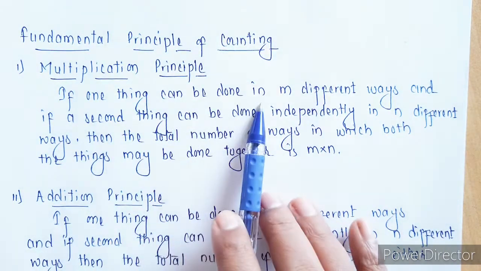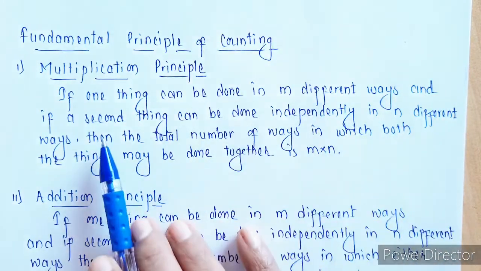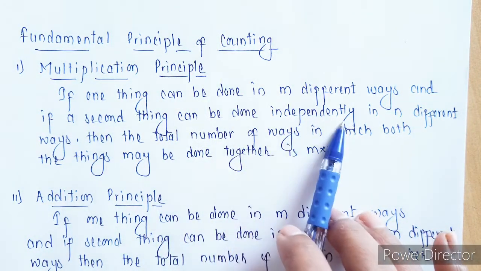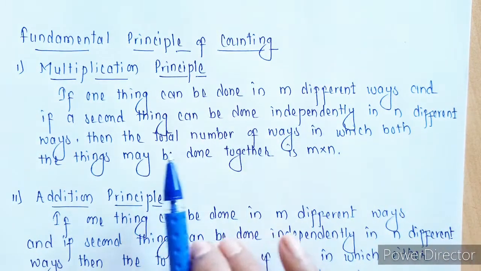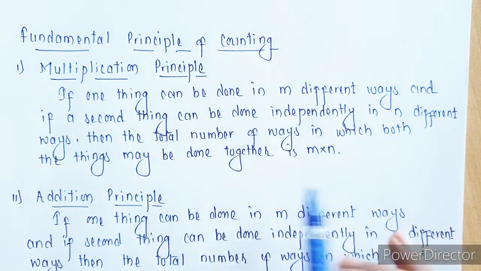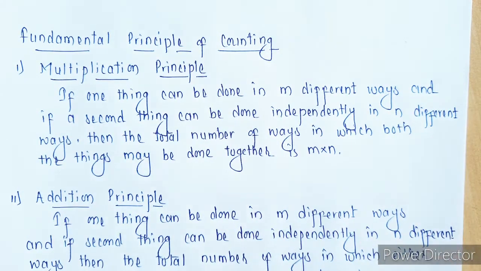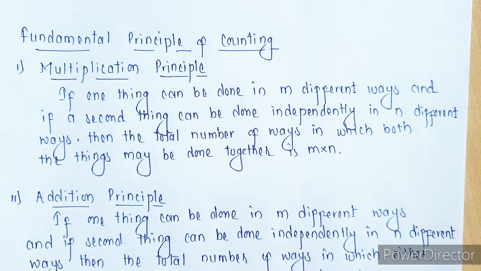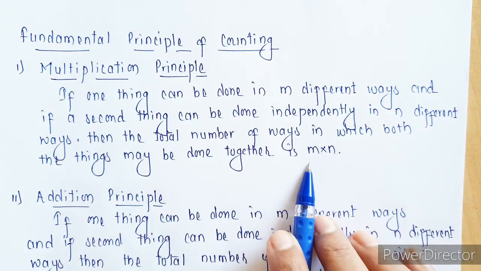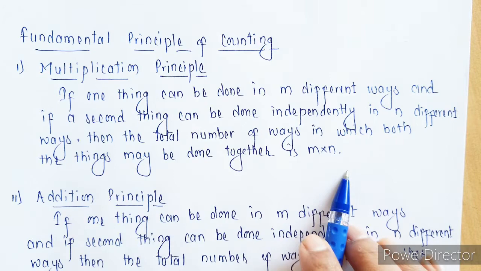If one thing can be done in m different ways, and if a second thing can be done independently in n different ways, then the total number of ways in which both the things may be done together is m cross n.